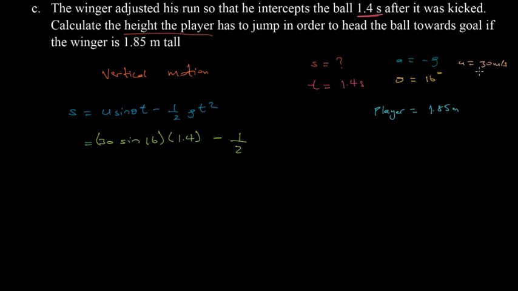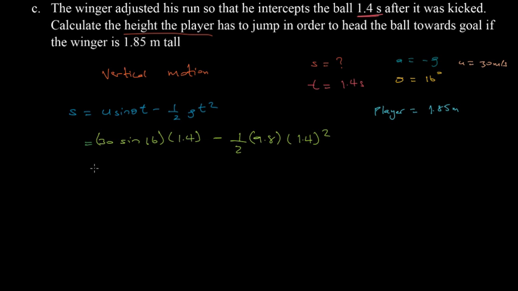G is 9.8, so put a bracket around this, and we multiply it by T squared, which is 1.4 squared.